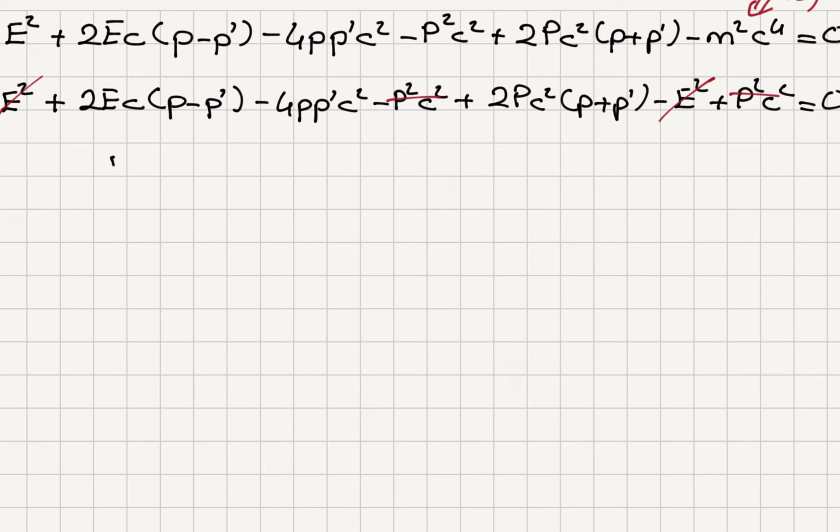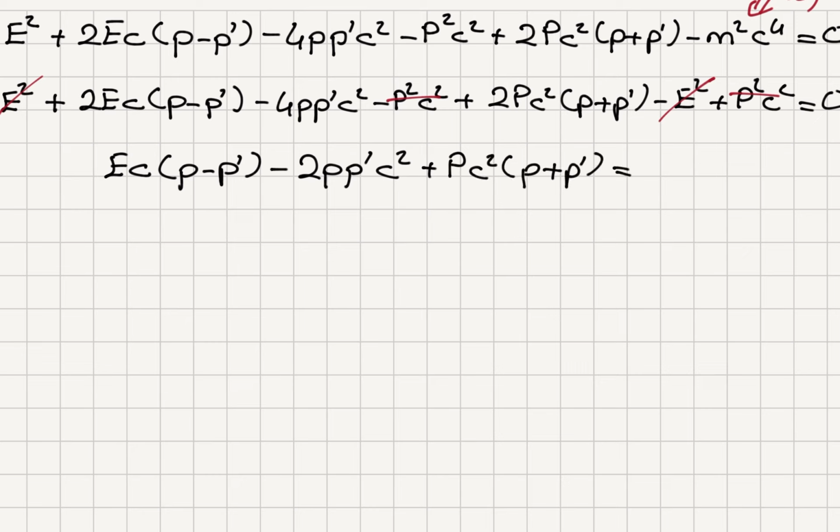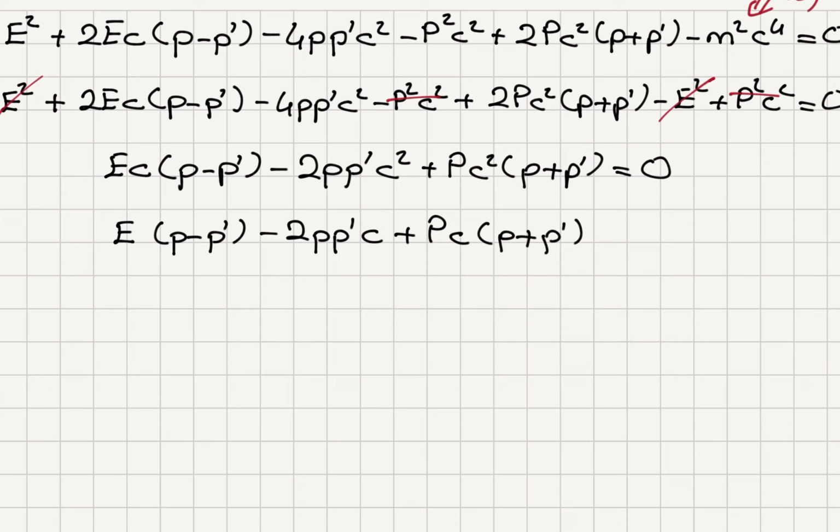So I'm left with capital E c (p minus p prime) minus 2p p prime c squared plus capital P c squared (p plus p prime) is equal to 0. I can also divide this by c. I will obtain capital E (p minus p prime) minus 2p p prime c plus capital P c (p plus p prime) is equal to 0.